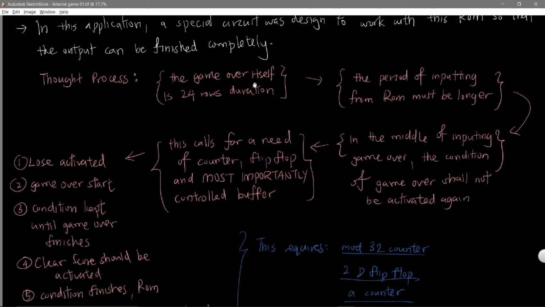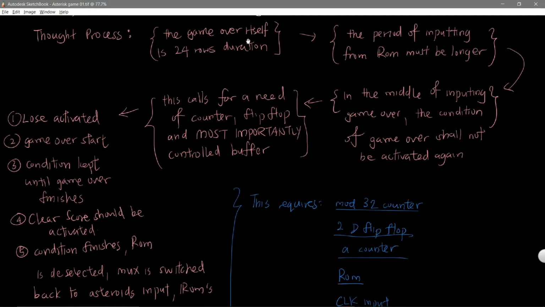So what the thought process is going to be is that the game over itself, for my design, is going to be 24 rows. You can design your own, which can be even more than 24, and you can just make simple adjustments later when I show you the circuit.